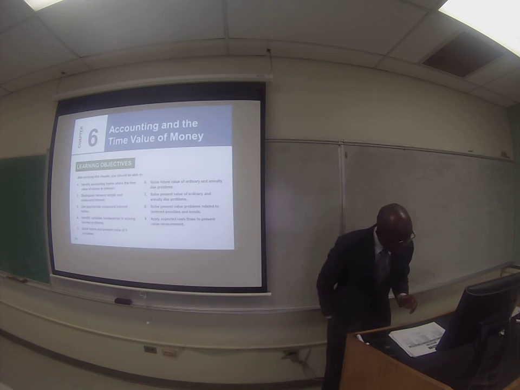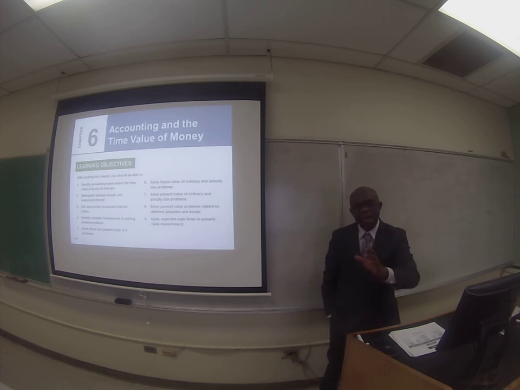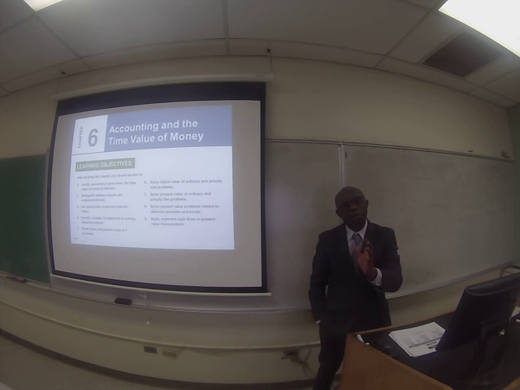Now, that being said, starting from Chapter 7, every topic that we are going to cover after Chapter 6 is going to zero in on a particular account or line item on one of the financial statements. And we are going to talk about that topic in great detail.